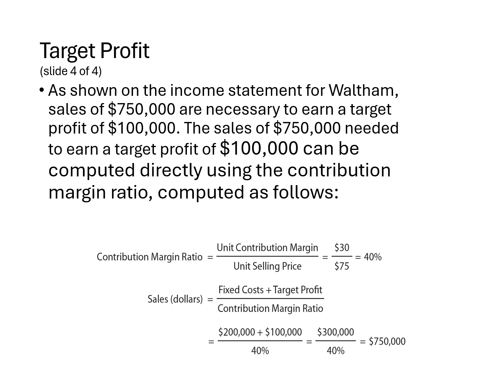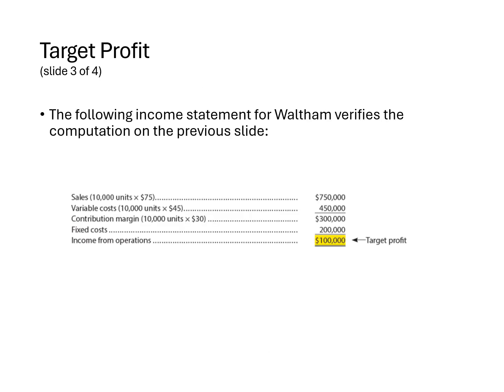It's the same thing, but this is telling us how much in sales dollars we need to make that $100,000 in profit. So here's the same slide as before, but now let's focus on the $750,000. When we use contribution margin ratio, we were given the $750,000 instead of the 10,000 units. Either way, that's how much we need to have a profit of $100,000.